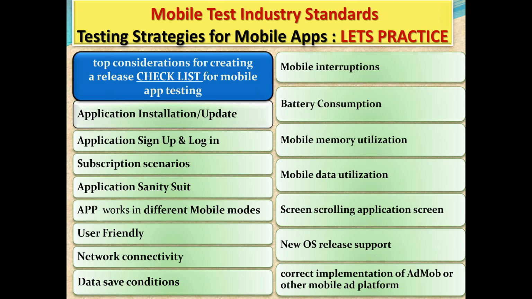Then we have localization, and localization includes date format, postal code, and so on. You have to understand, guys, that in some countries the postal code contains alphabetic characters too.